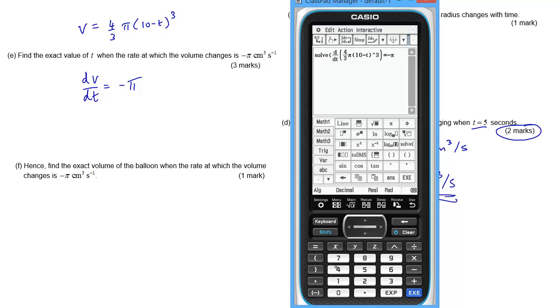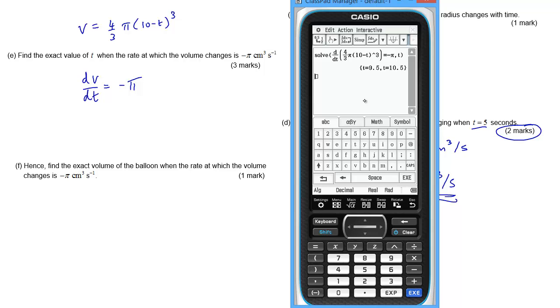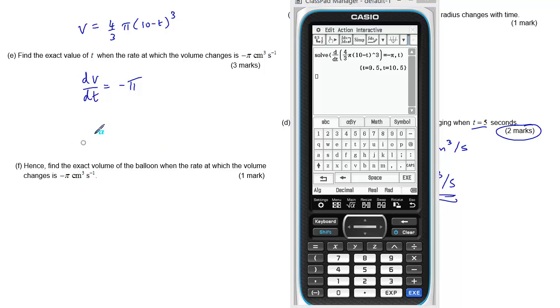And because we're solving for something that isn't x, we need to tell it that we're solving for t, and then execute. And we get 9.5 or 10.5, but we already know it can't be 10.5 from what we said earlier. So we're going to say t is equal to 9.5 seconds.